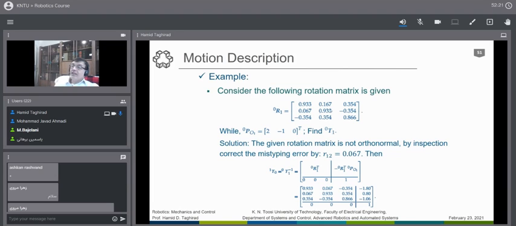Then, since we have this, and we would like to have 1 with respect to 0, then this is wrong. We would like to have 0 with respect to 1. This is the question. We would like to find the inverse problem. I will check that as well. So if we would like to have 0 with respect to 1, we should find the transpose of this matrix.